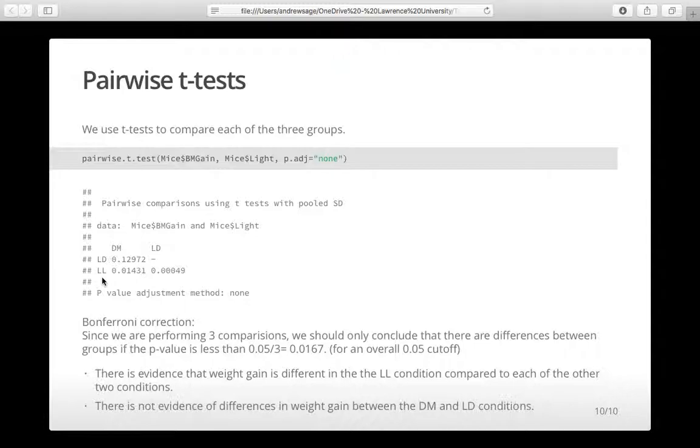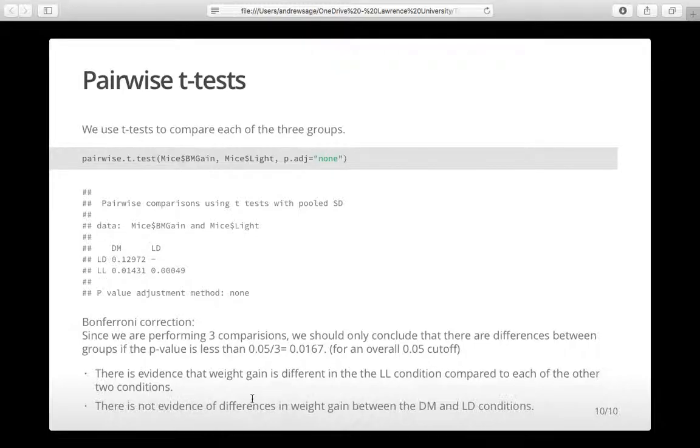So we still have evidence that there are differences in weight gain between the light setting compared to each of the other two conditions. In particular, mice are gaining more weight on average when they're kept in light all the time than when they're being kept in darkness or dim light at night.